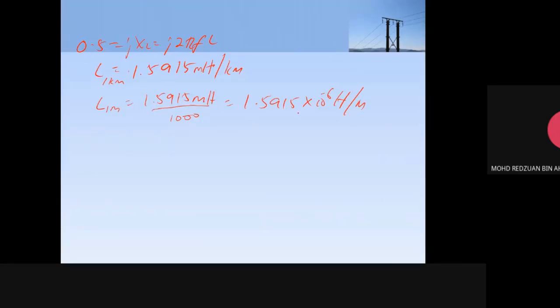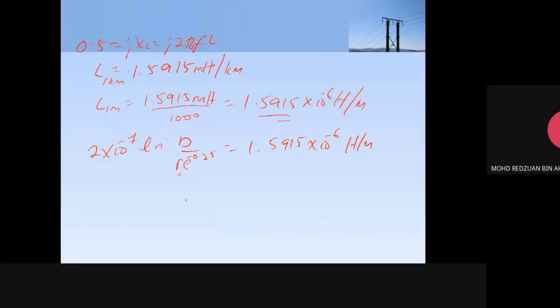Okay. So this value actually equals our equation. So 2 times 10 to the minus 7 ln D over R e to the minus 0.25 equals 1.5915 times 10 to the minus 6 Henry per meter. This equation equals this number. So what we want to find is D. Radius is given. So we can simplify this equation.